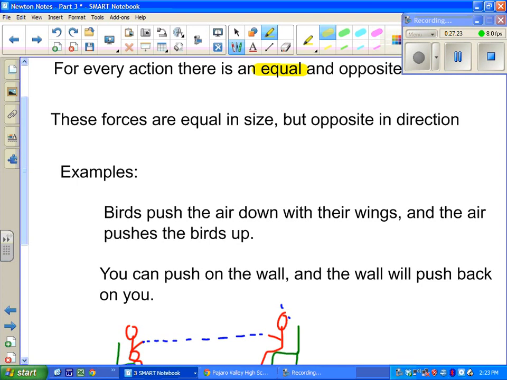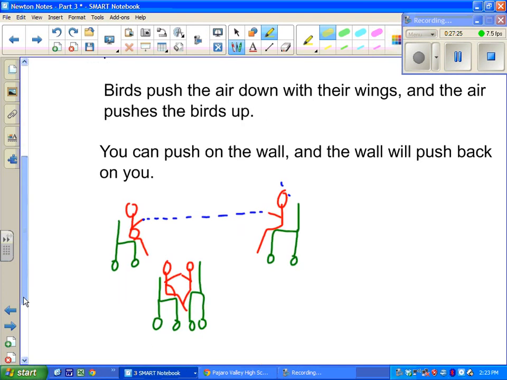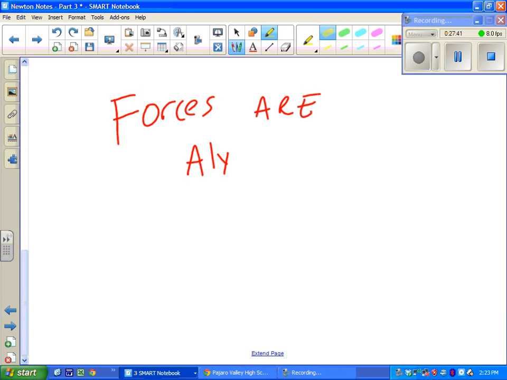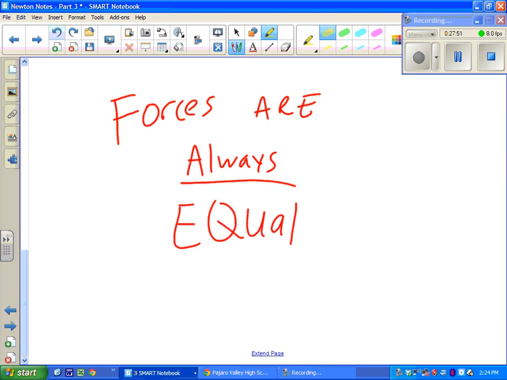And in fact, in your notebooks, we wrote in huge letters, forces always equal. Big, huge letters. Highlight it. Put stars next to it. Very, very important. Forces are always equal, but they're opposite.